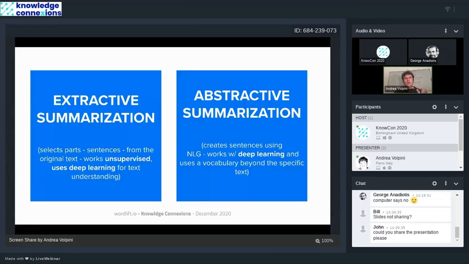So here we have the two approaches of summarization, and we are using abstractive summarization for generating the content, but in some other cases, WordLift uses extractive summarization, and there are, of course, pros and cons of the two approaches.